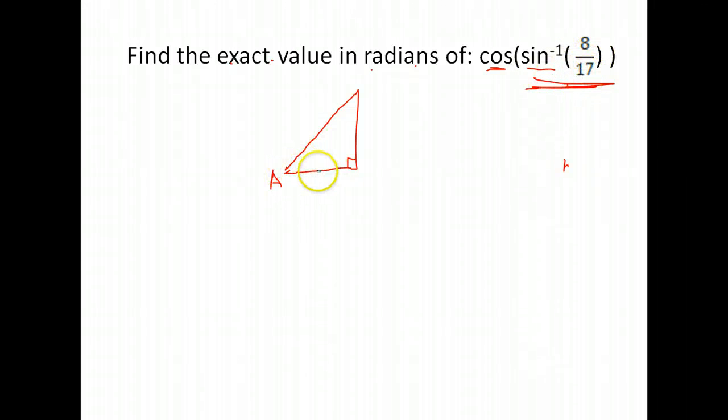So remember, when we had right triangles, the sine of an angle, say this is my angle A, is the opposite over the hypotenuse. So this angle A in this drawing would have a sine of 8/17. We want to know what would the cosine of that angle be. That's what this is asking. What is the cosine of an angle who has a sine of 8/17?